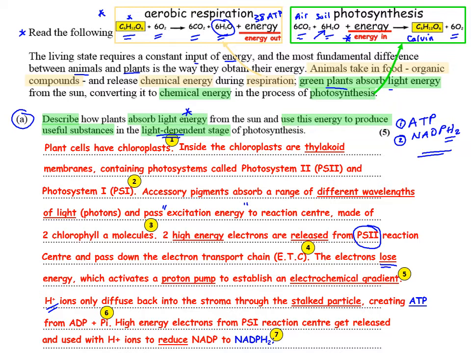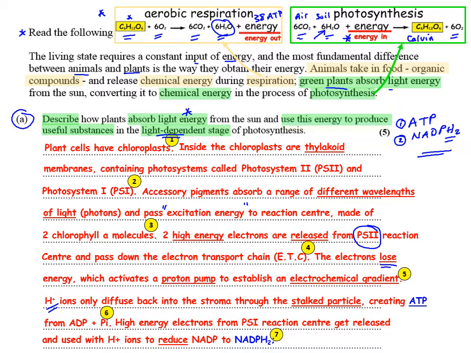Now, oxidized NADP is the final electron acceptor in this process called non-cyclic photophosphorylation. Now, the electrons that did move down the ETC, as they lose energy, become low energy, and they replace the two electrons that were energized and released from the reaction center of PS1 on the right hand side.